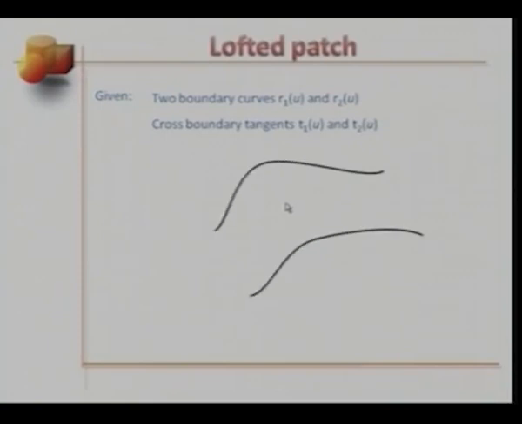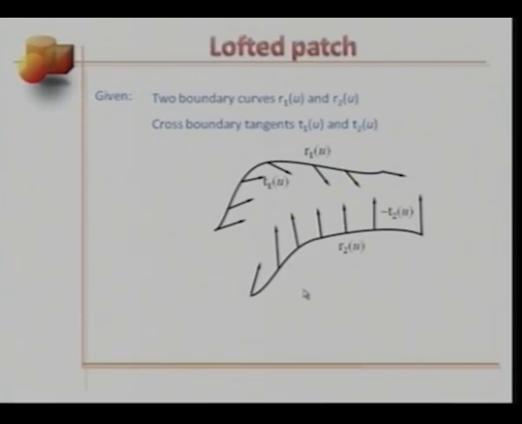For example, these are the 2 curves, R1 of u and R2 of u, and we have these as cross boundary tangents denoted by T1 of u and T2 of u. The directions shown here are opposite.